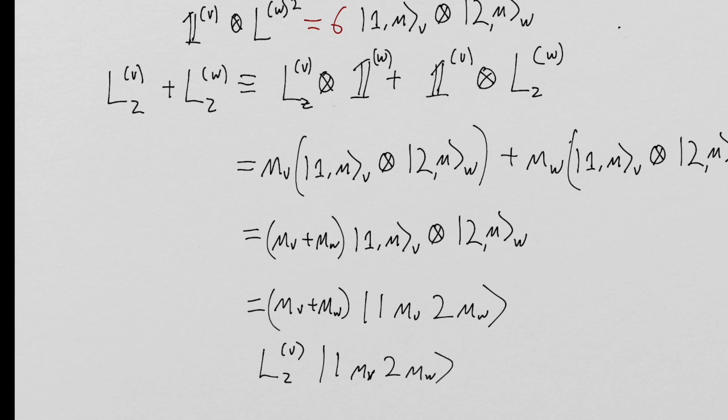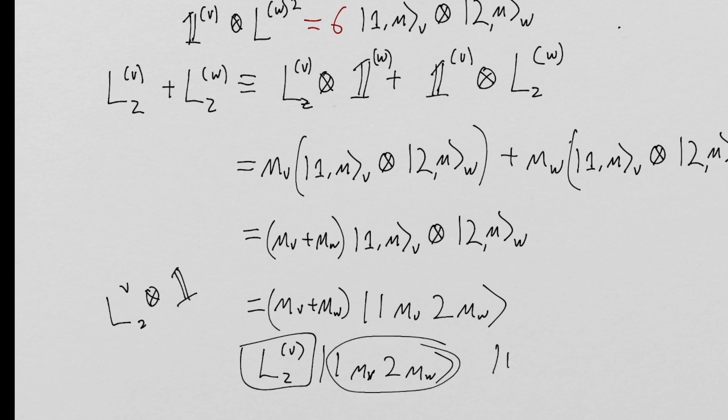You can see that all the time, and you have to say in your own mind, well, wait a minute, what he really means is L_z^V tensor product the identity, and what he really means by this is |1, m_V⟩ tensor product |2, m_W⟩, right? And if you make that replacement a few times, eventually you don't have to worry about it, and you can live with the abused notation version of everything.